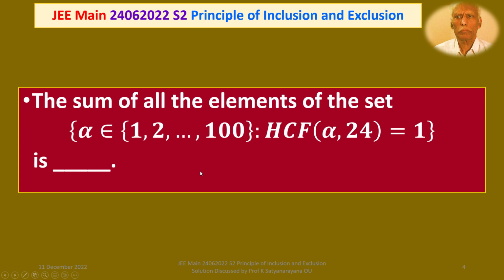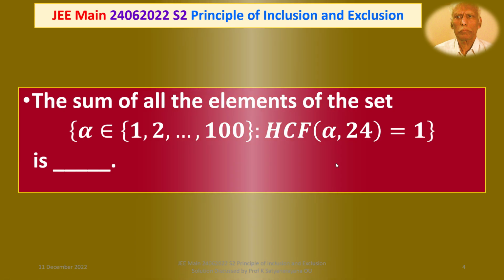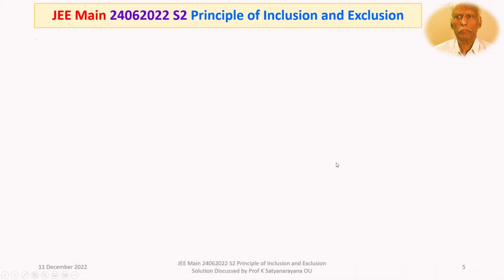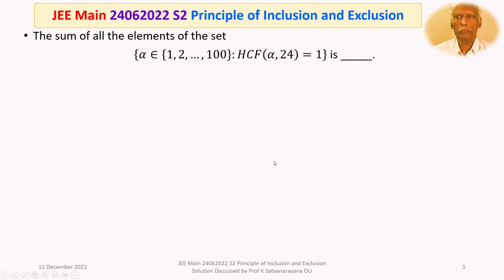So we have to find the sum of all the elements of the set alpha belongs to the set 1 to 100 such that the GCD of alpha comma 24 is 1. This is our given problem.